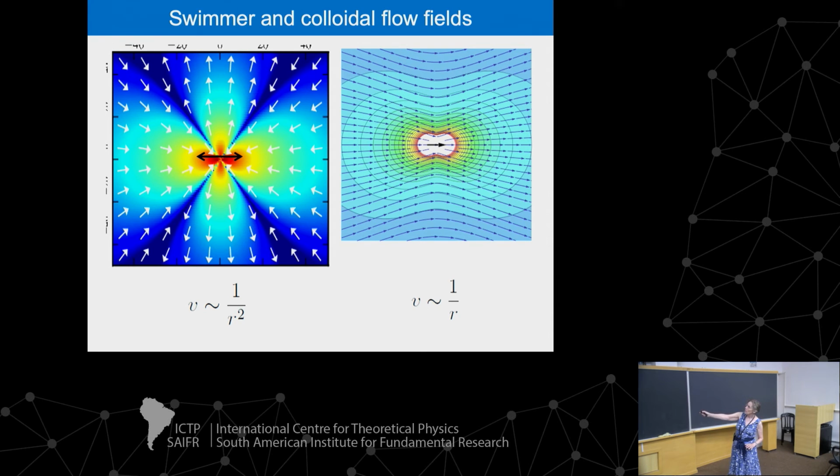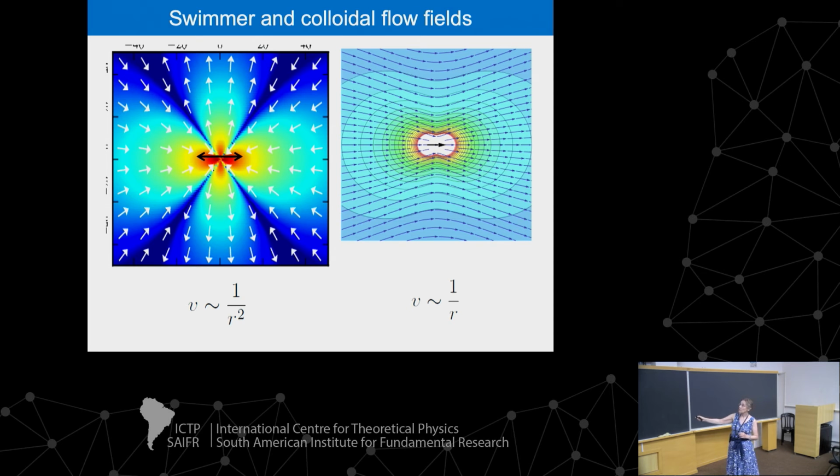Here's my little swimmer in the middle. And what it does is it pulls fluid in at its ends and pushes it out from its sides. Okay? That's very different from what's going on here, right? Here, you have a symmetry where you have a special direction.